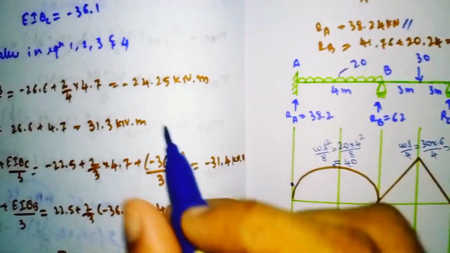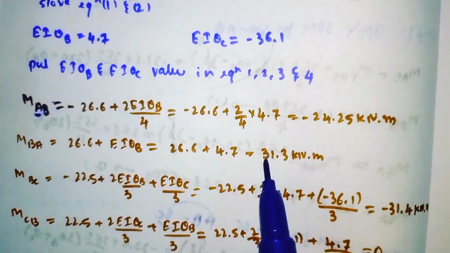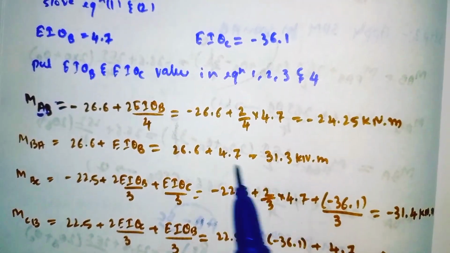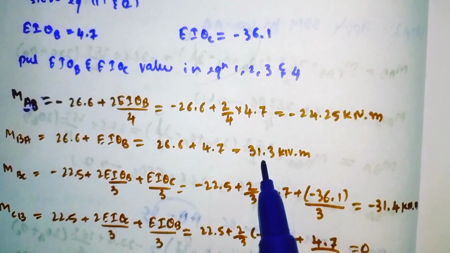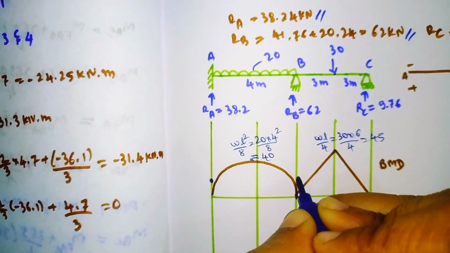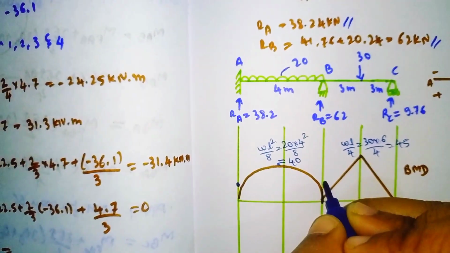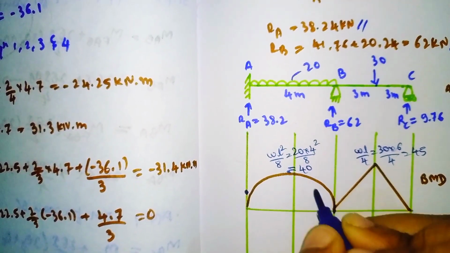For point B, MBA value we have 31.3. So here first point is B. At point B, 31.3 means it comes above this line and below this 40.